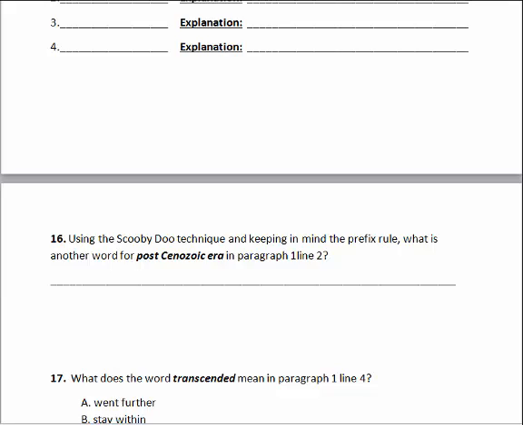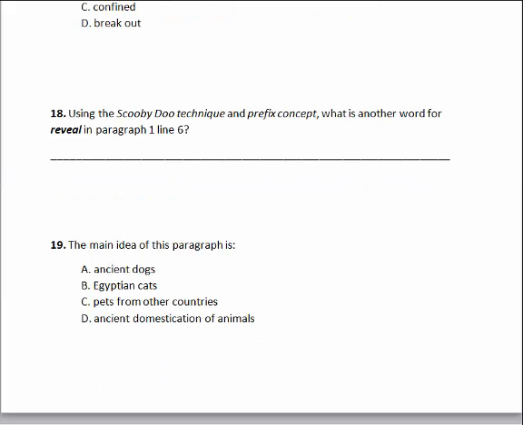Let's take a look at the answer choices. The main idea: A says ancient dogs. Where's the cats part of it? That's out, too narrow. B says Egyptian cats. Where's the dogs part of it? That's too narrow. C says pets from other countries. Maybe. Put a dot by it. And D says ancient domestication of animals.